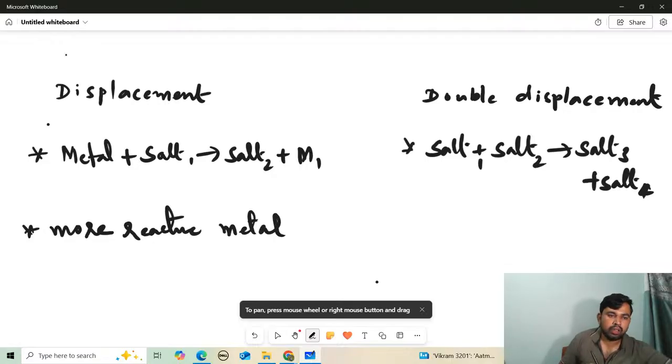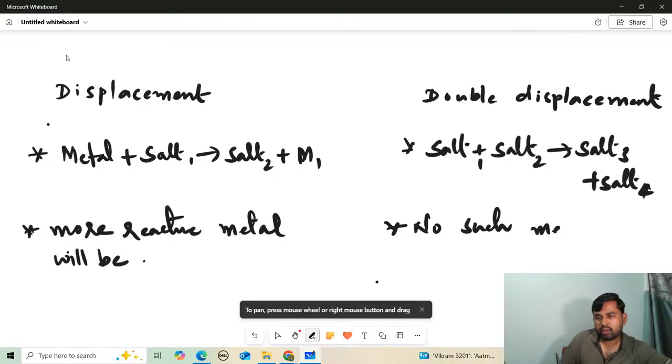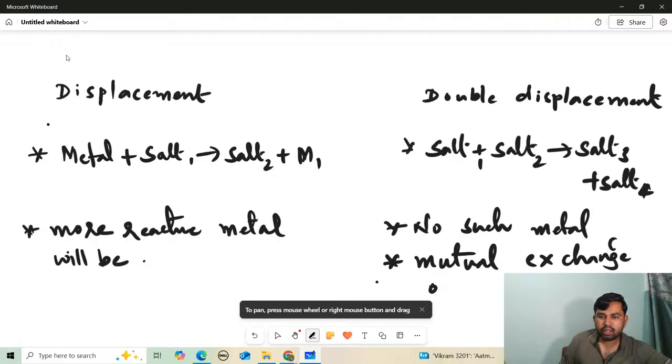Here there is no such condition. What is happening here is a mutual exchange of ions. In which case is it double displacement reaction, right?